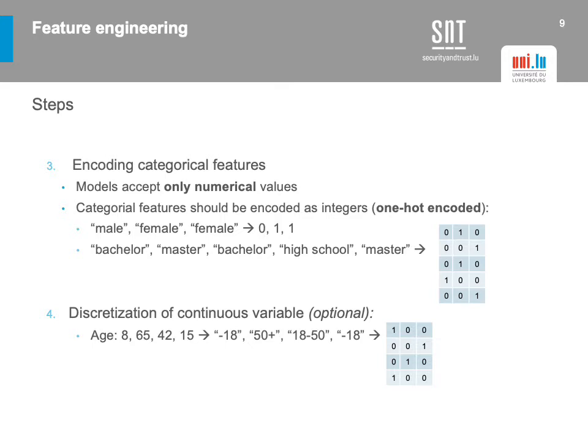This is optional because you can just give your model the age, but generally it was shown that in some cases it can help a lot to discretize values, because sometimes the relation may be complex, or you can also incorporate some previous knowledge, because you may know that, for example, people less than 18 years old are minors and they cannot do the same thing that adults can do. So it can make sense to incorporate that kind of knowledge so that the model can learn more easily.